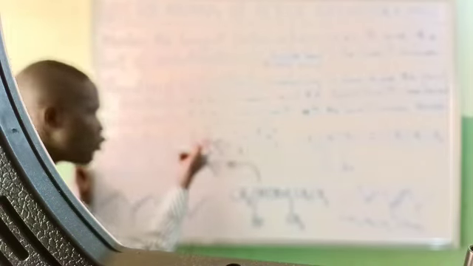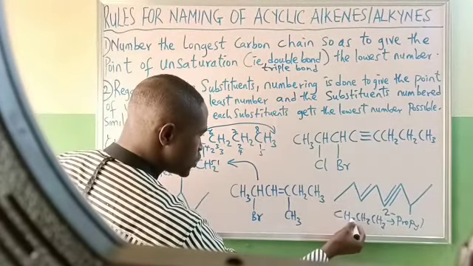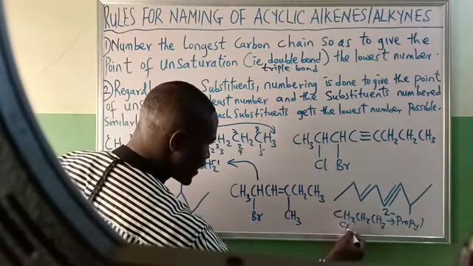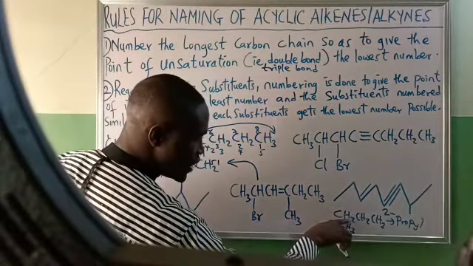Now the double bond is located at the first carbon because we are moving like this. It means that first carbon is carrying the double bond. We now say 2-propyl, because you lost 1 hydrogen atom, so we have CH2 here.